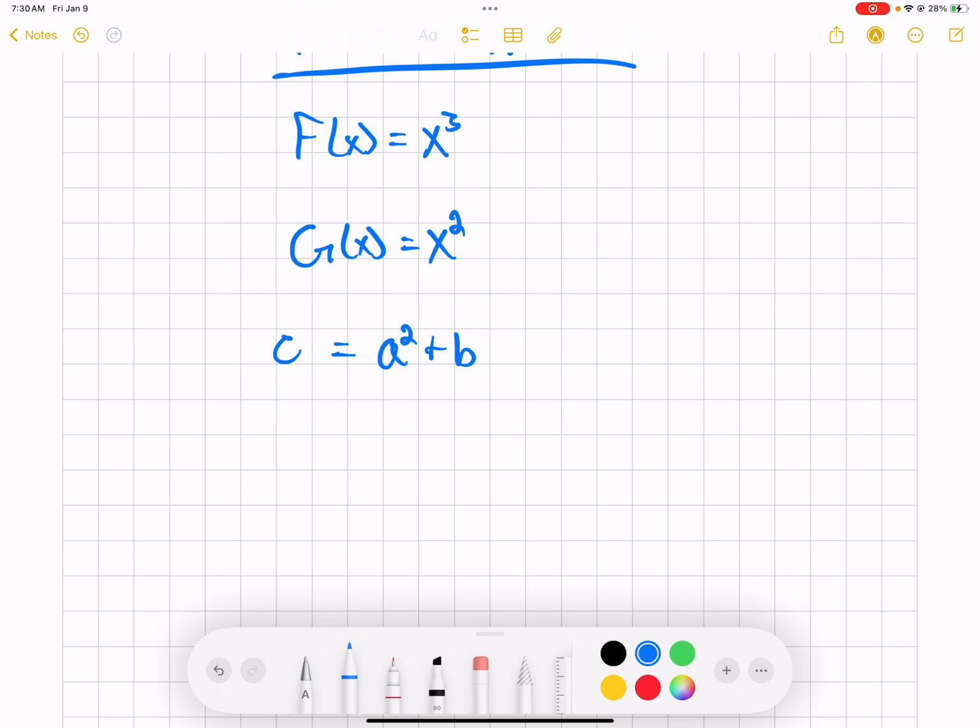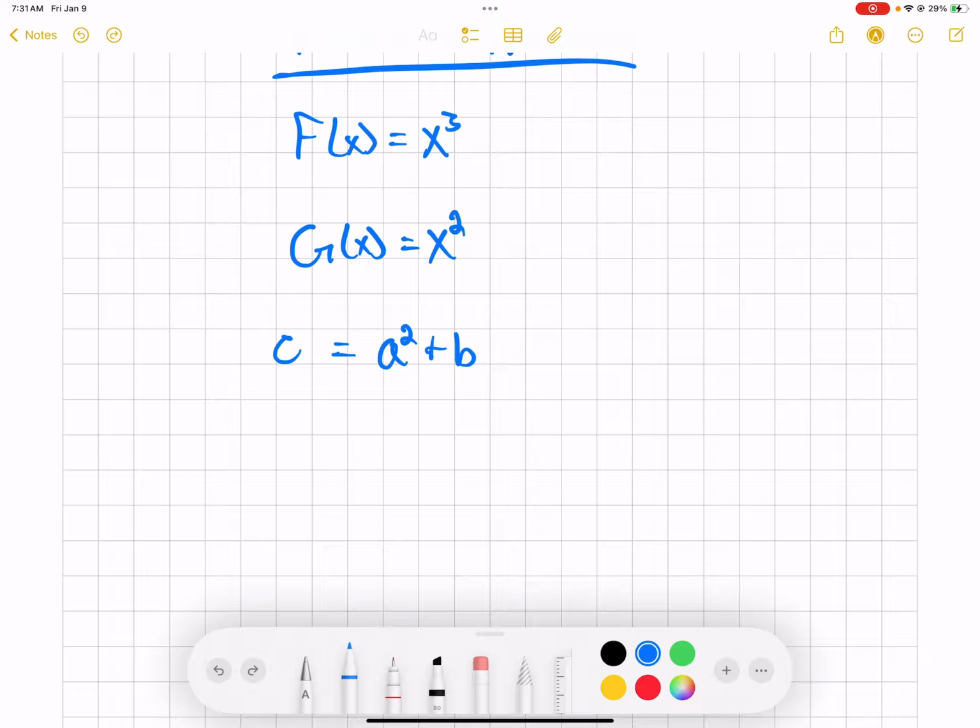So instead of having C equals A squared plus B, right? I know in my mind, as the person who created this equation, that A is meant to be a variable and B is meant to be a constant. So how do I communicate that?